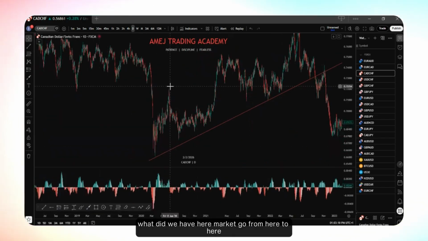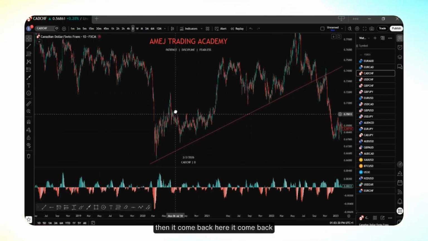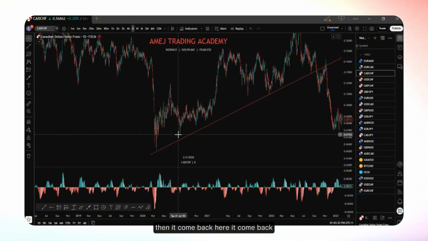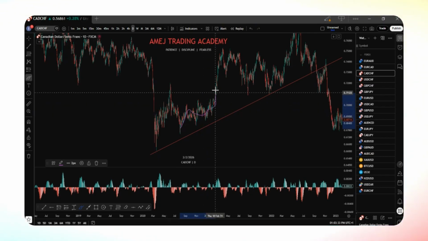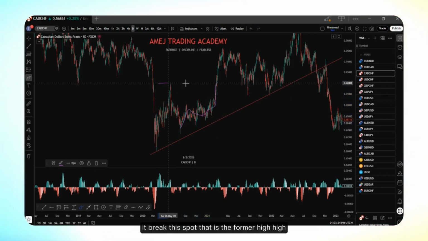Market went from here to here, then it came back here. The moment the market continued going up from here, it broke this spot, which is the former high.